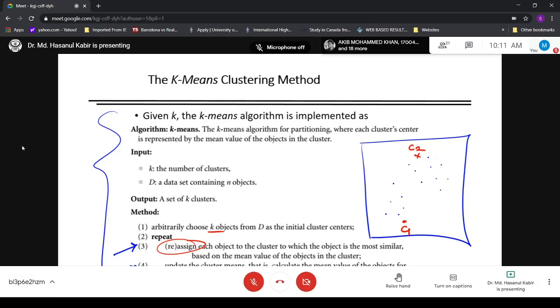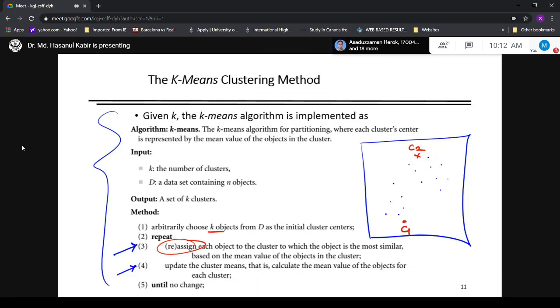Now if I ask you this particular question, let's say this sample, which cluster will you assign it to? Cluster 1 or cluster 2? Cluster 1. Yes. Why? Because the distance is small. So for all the objects, or all the samples in that feature space, we have to assign it to the nearest cluster.